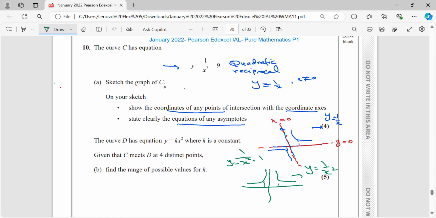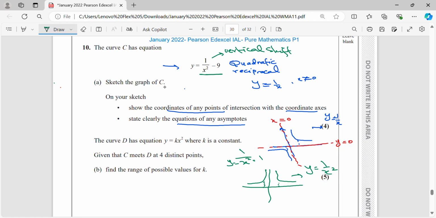Now let's go back to our equation in the question: y equals 1 over x squared minus 9. You can see there is a vertical shift, because the -9 is outside.